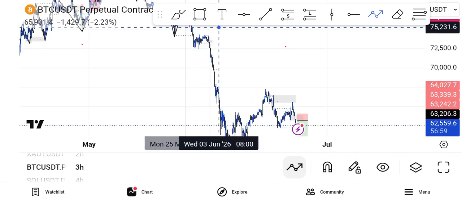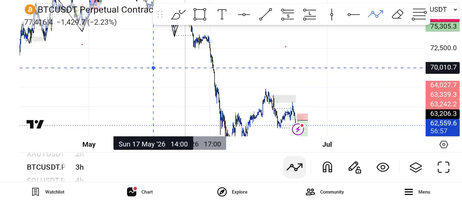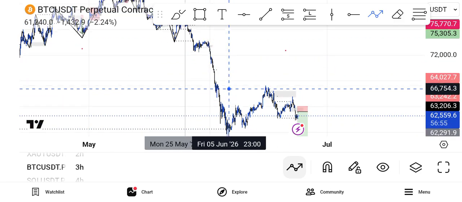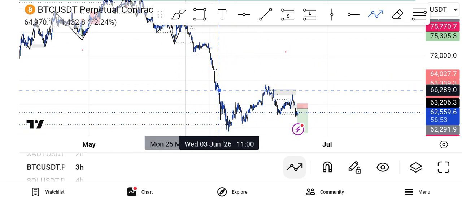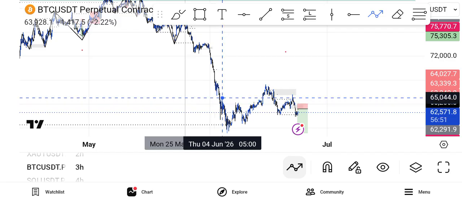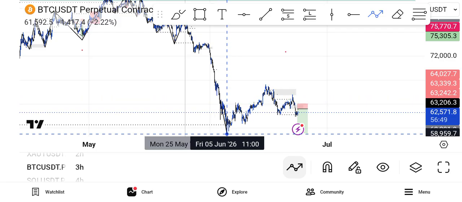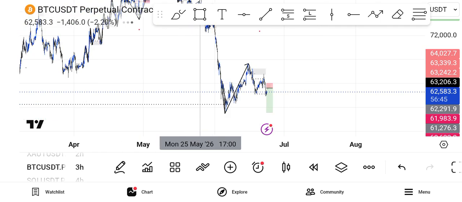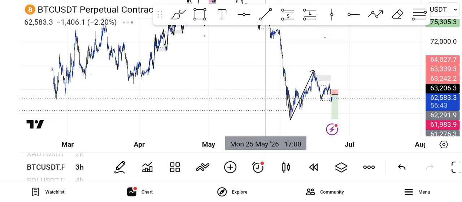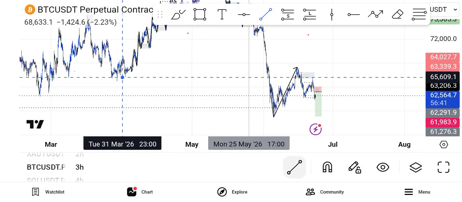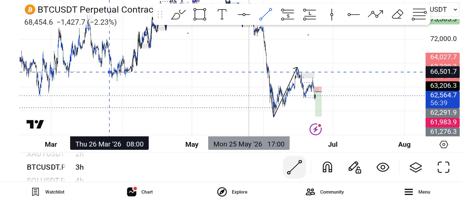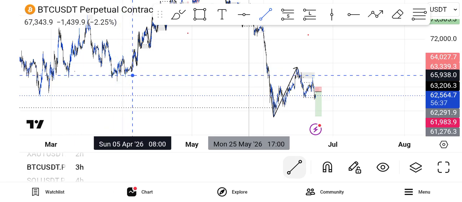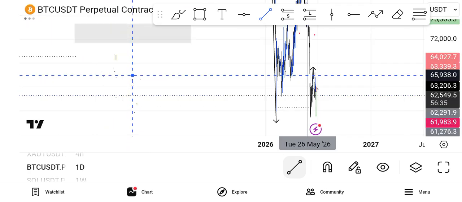So we had the low, the high, and whatever you're trading here is basically continuation. The market took out this level and created a low. This low now is a reaction from this point which we have here. Let's go to the daily time frame.